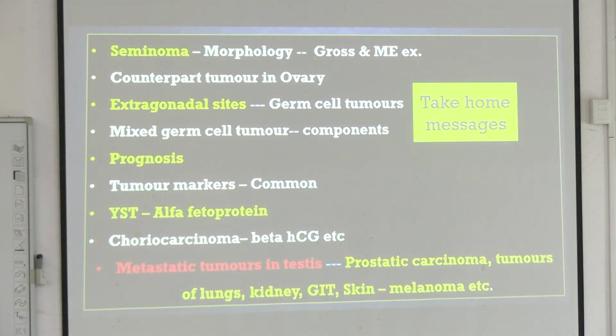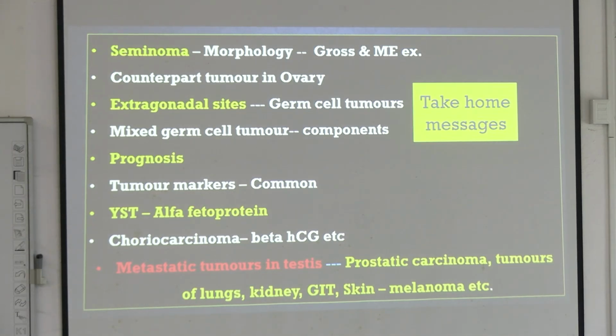So what are the take-home points from the testicular tumor? The morphology, gross and microscopic appearance. The counterpart of the seminoma is in the ovary. Extragonadal sites for germ cell tumor, which you should know for the oral exam. What are the components of mixed germ cell tumor?